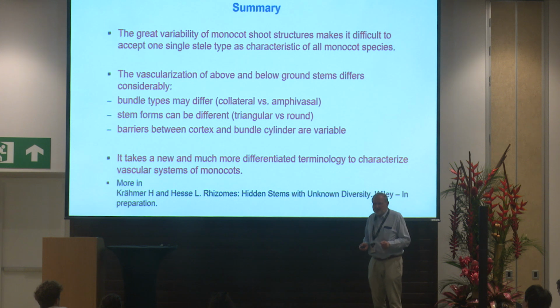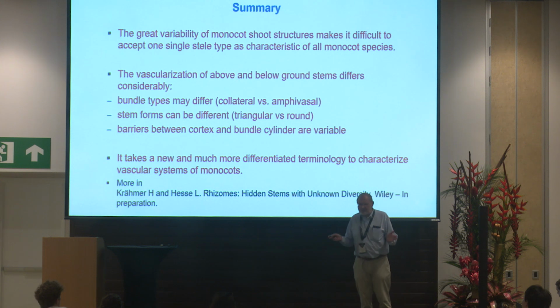You will sooner or later see a book called Rhizomes, Hidden Stems with Unknown Diversity, published by Wiley. It's about to be published in August or September.